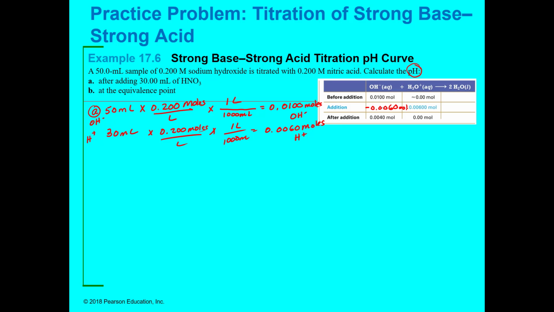And that's going to leave me 0.0040 moles of the hydroxide left, because that's the one I have more of, right? I have 0.01 moles of that, but only 0.0060 of the acid. So that's the one I'm going to have left over, and I'm going to have used up my acid. All right, so that's step one.